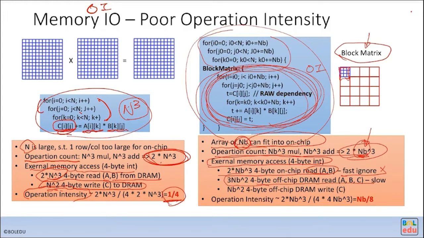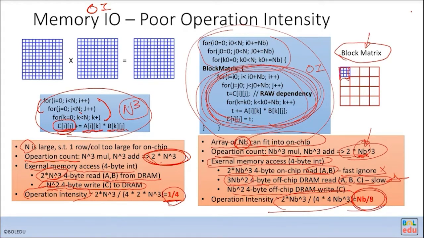That's what you need to consider, the read from the off-chip, and the off-chip memory write back to C. So in this case, that's the OI you calculate, and you get this number.